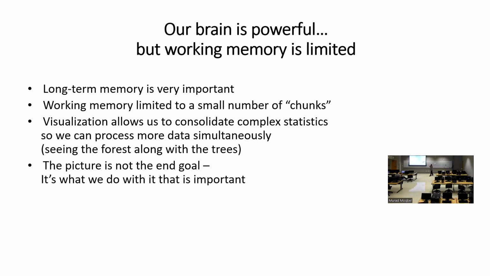So long-term memory is very important, and also the working memory is limited. Therefore we need to divide information into chunks. So you might have heard of the rule of 7 ± 3.